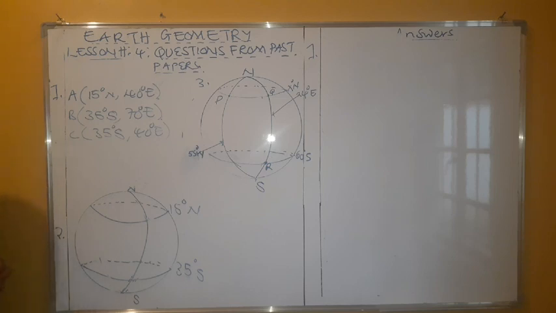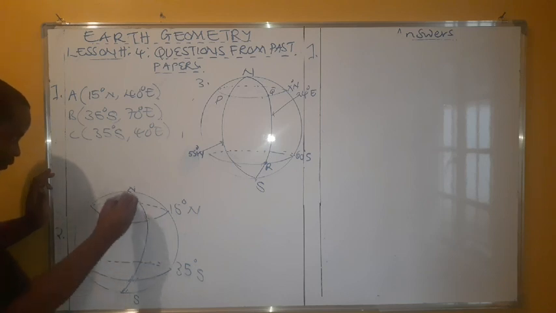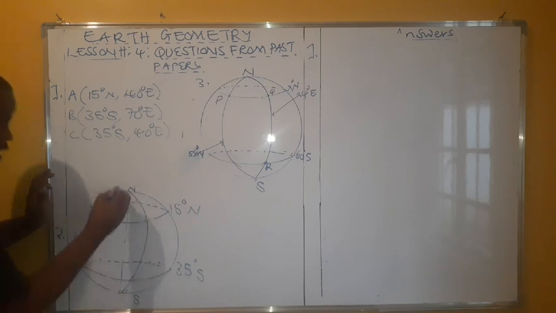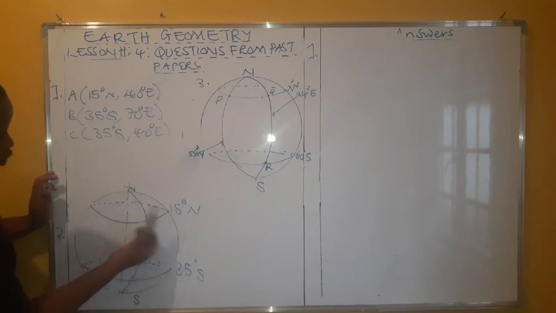Now again we are seeing that we have got 2 longitudes, 40 degrees and 70 degrees. If you were to have a line here, it will be centered at 0. So from 0 the longitude will keep on increasing.